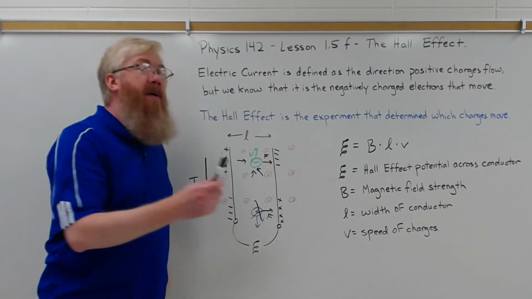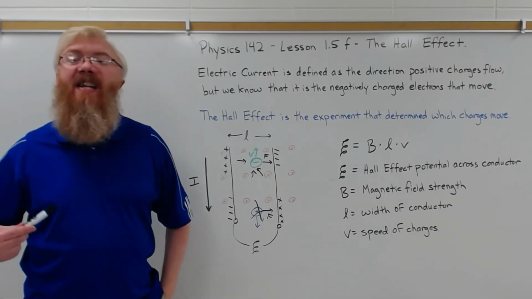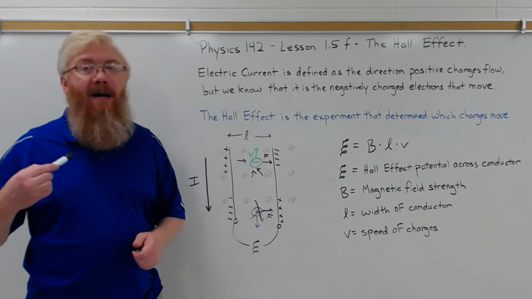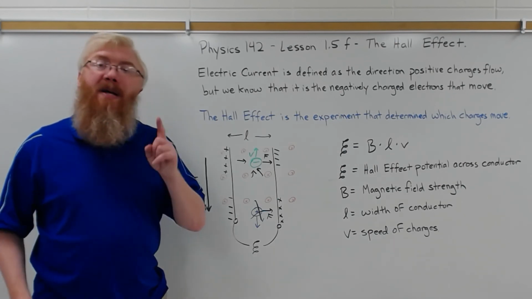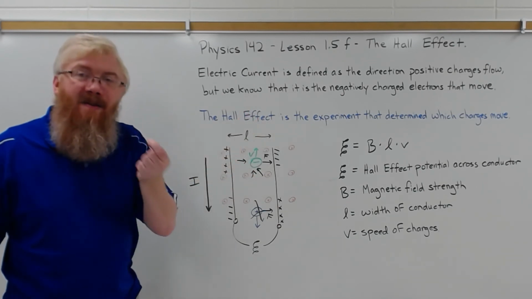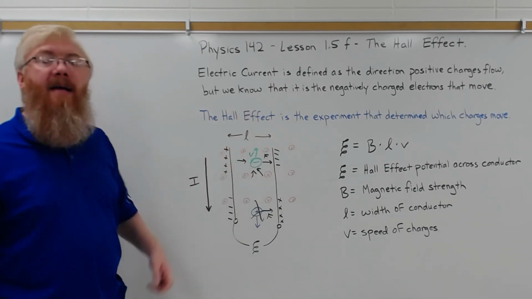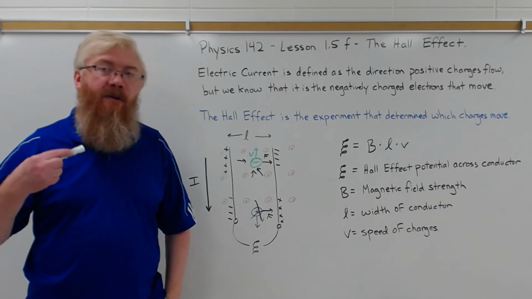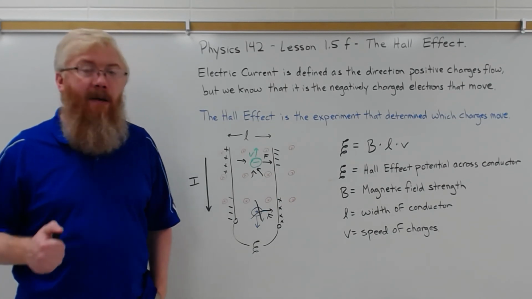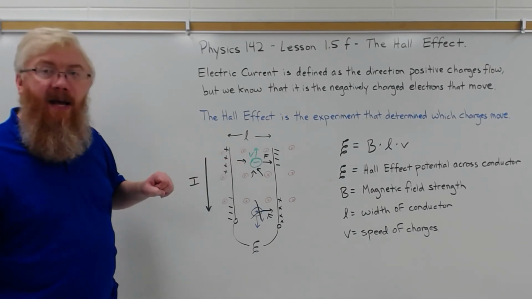So this experiment, this Hall effect, proved definitively that it was the electrons that move in a conductor, not the protons. However, even though we know it's the electrons moving, we still define the current as the direction of the positive charges. If the positive charges moved, which direction would they move? They move opposite the negative charges.